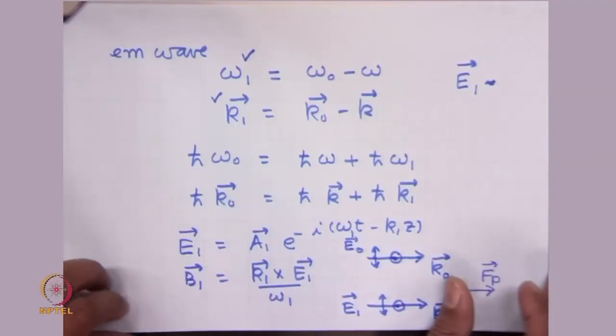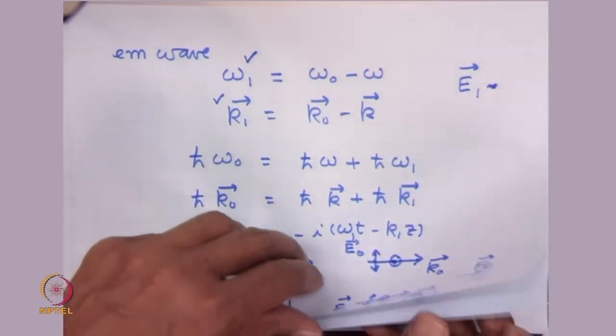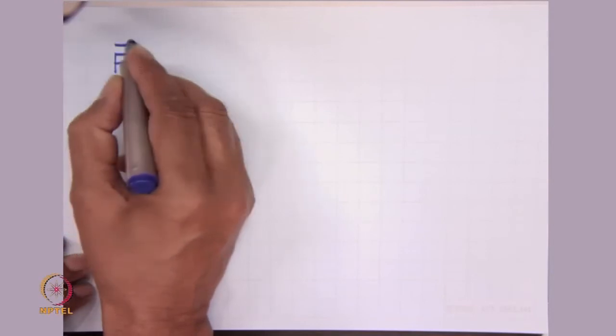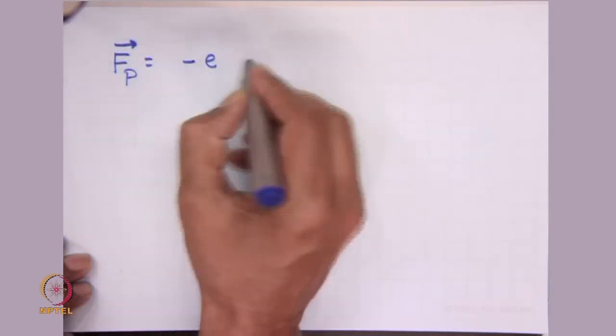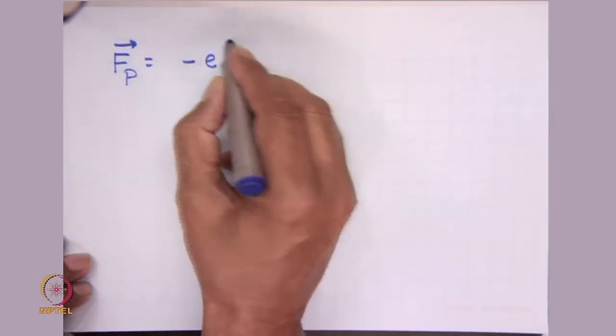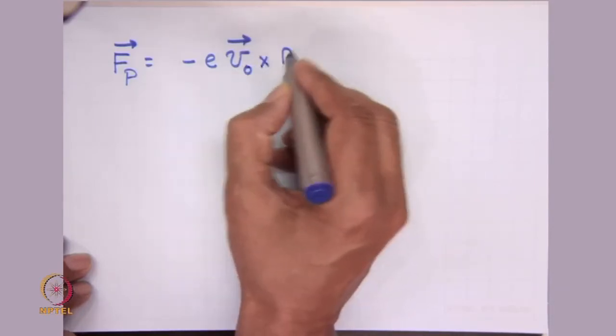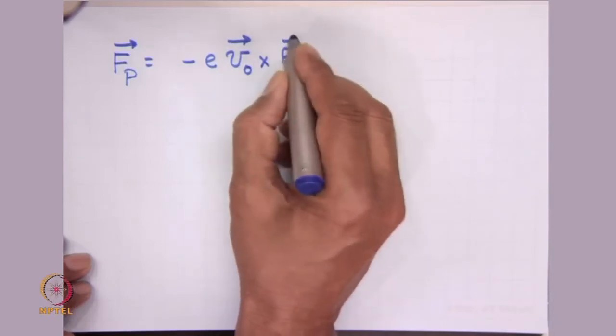And how much this Fp is, let me just write down. This ponderomotive force is the charge of the electron into the velocity of the electron due to the one wave cross the magnetic field of the second EM wave.